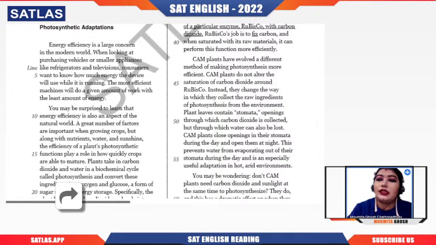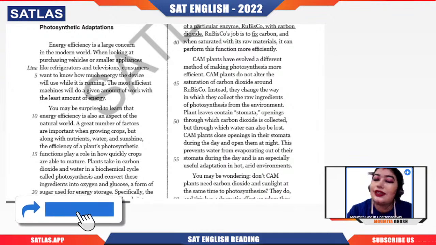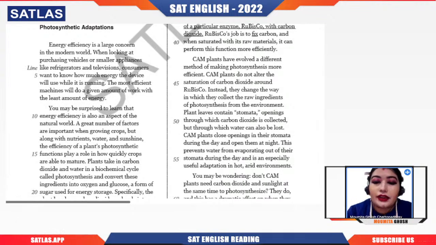So the author is saying that energy efficiency is a large concern in the modern world, because nowadays the quality of appliances and vehicles has degraded and is not as good as in the pre-modern period. If you compare a refrigerator from the 1990s with one from the 2000s or 2020, you will find a vast difference.